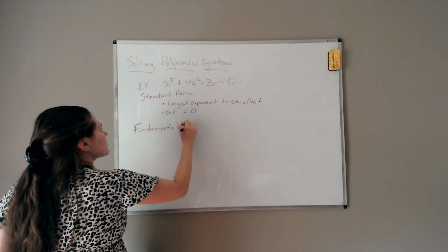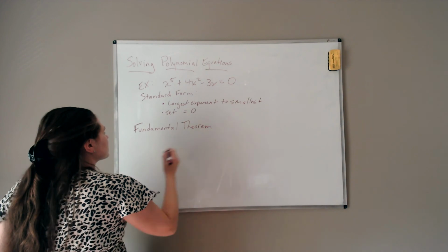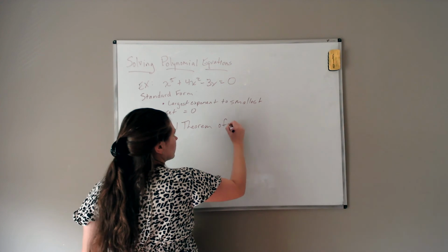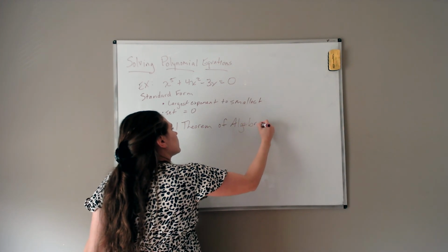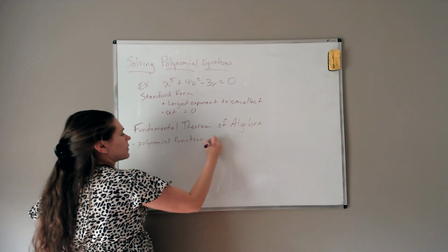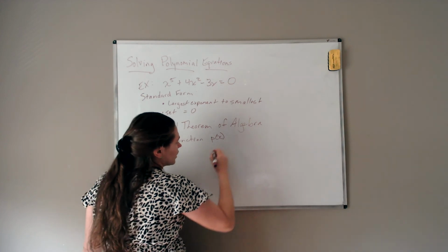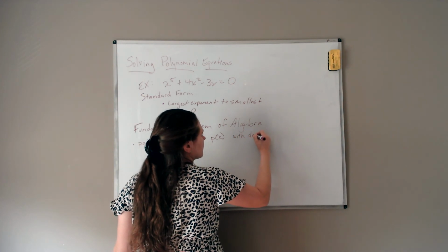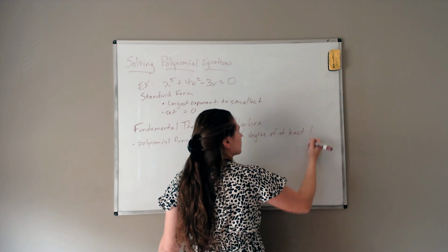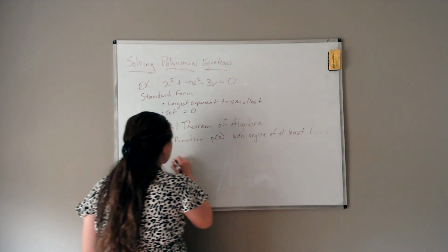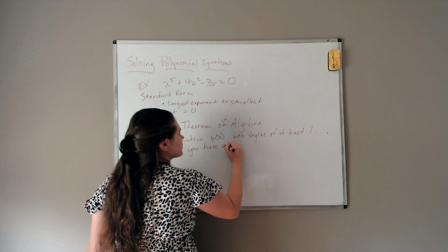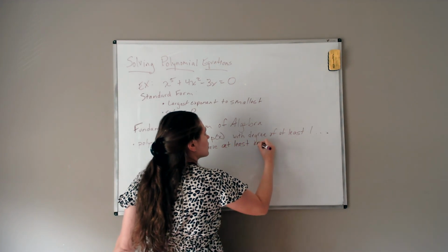So what the fundamental theorem of algebra says is that if you have a polynomial function, we'll call it p of x, with degree of at least 1, then you have at least 1 root.